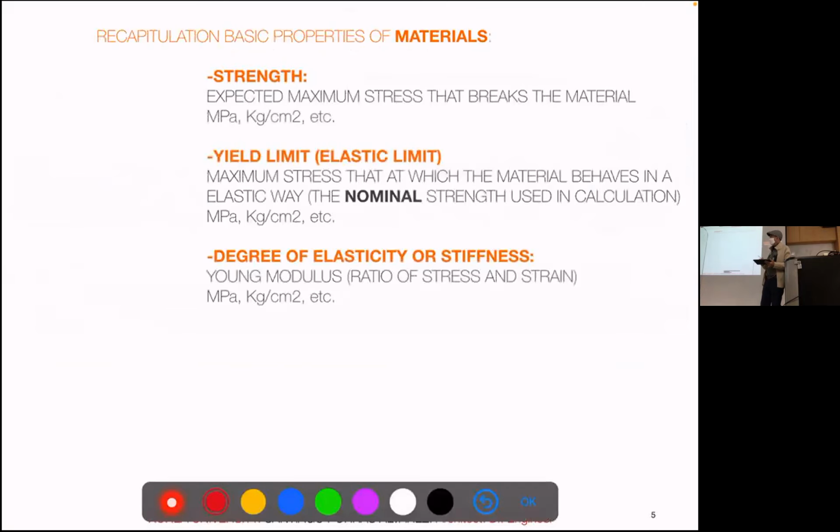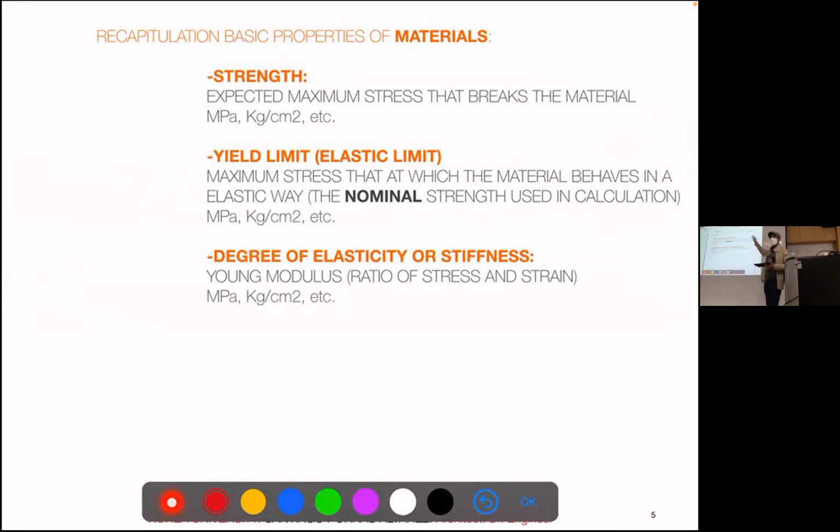So this is the summary of what we saw yesterday. The most basic thing we need to know about the materials for structure is the strength. I'm used to kilograms per square centimeter because it's very intuitive, right? It's very old. We all understand 1 kilogram and 1 centimeter. Nobody understands 1 megapascal, right? It's a very abstract unit, but okay, this is what we use now.